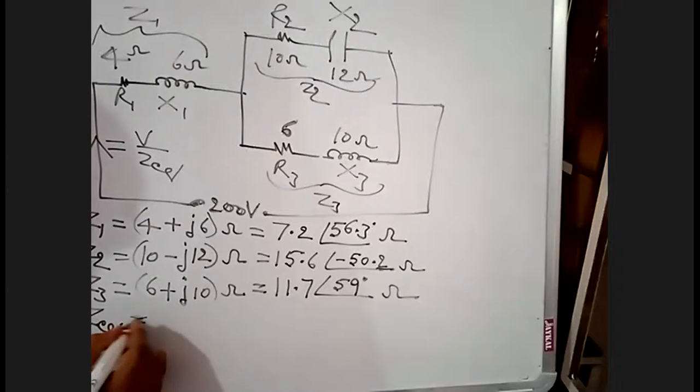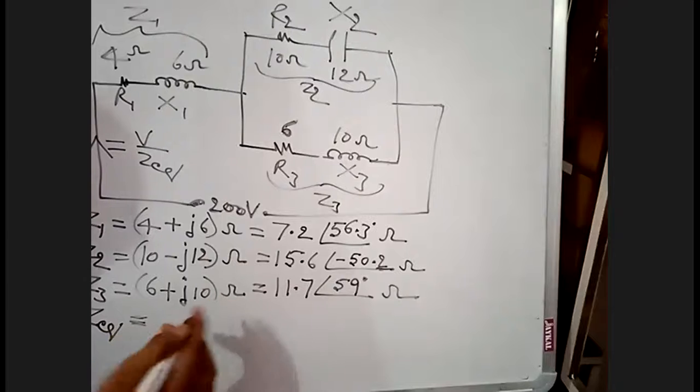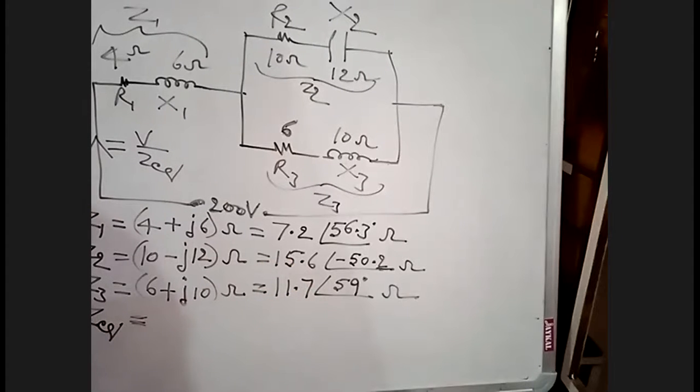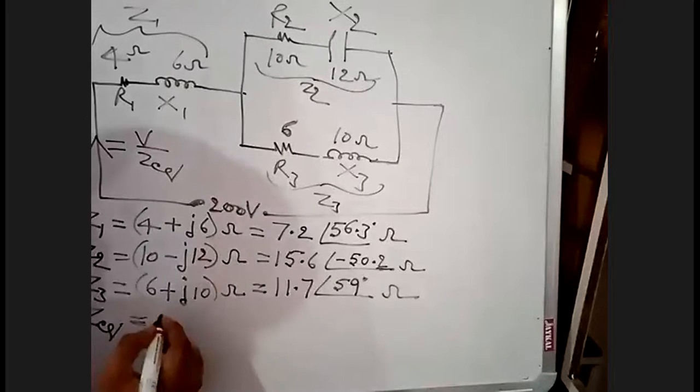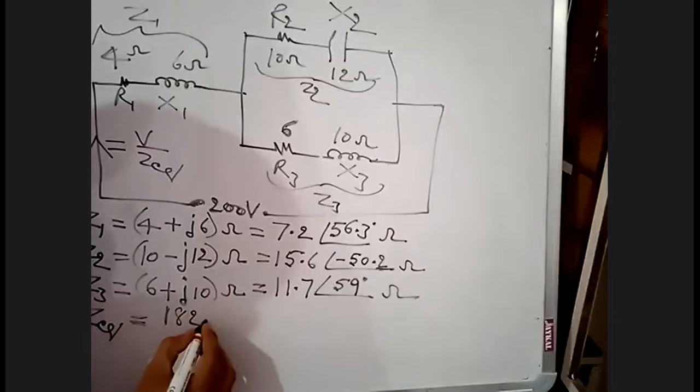Tell me the value of Z2 Z3. What is the value of 15.6 into 11.7? 182.52.